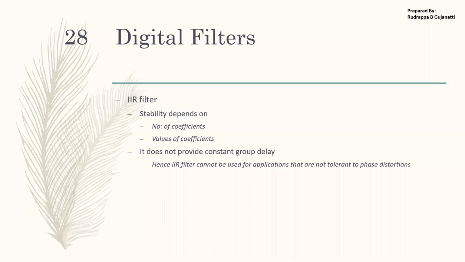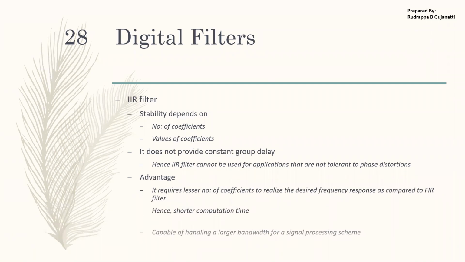In FIR filter, we had seen an example in which the group delay was half, which is constant for the entire range. So what are the advantages of IIR filters and what are the disadvantages? These all things we had discussed in the previous session.